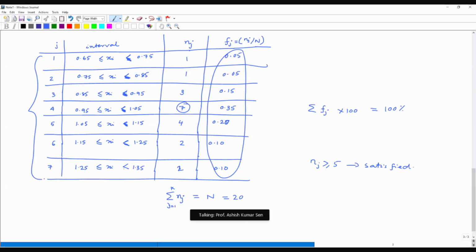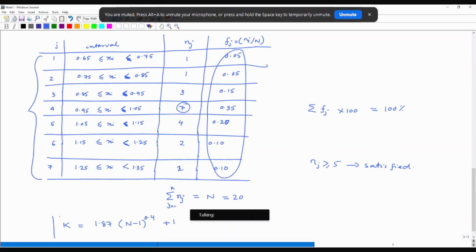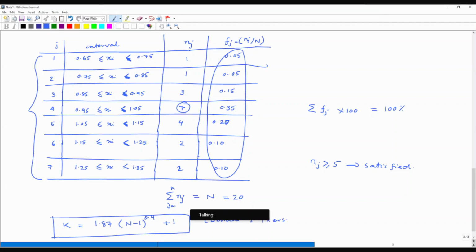So this number of intervals, that is the k, is estimated using this formula: 1.87 into (n minus 1) to the power 0.4 plus 1. This is a correlation that was proposed by Bendat and Piersol.